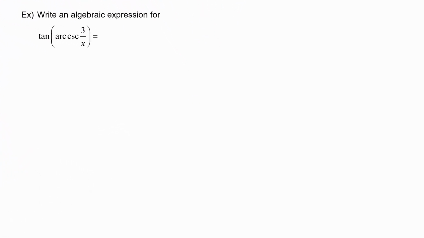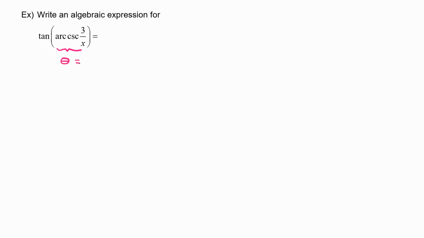In this example, we have to write an algebraic expression for the tangent of arc cosecant of 3 over x. And remember that the arc cosecant of 3 over x is going to output an angle.